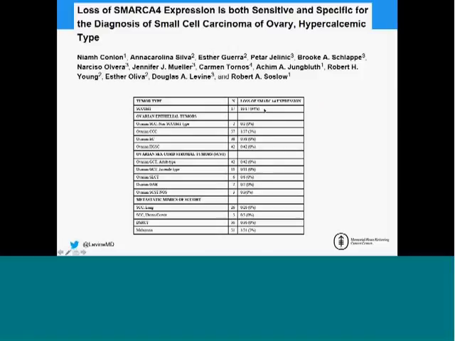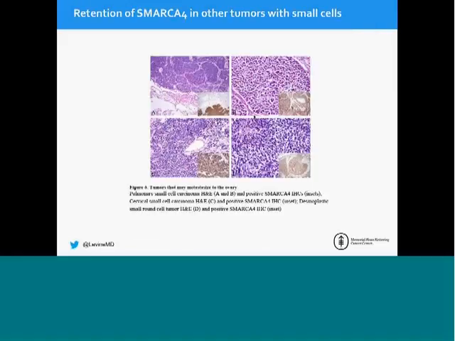Here also, we show loss of SMARCA4 in almost all of the small cell tumors up here, and then we look at a whole panoply of other tumor types, and only one ovarian clear cell tumor and one melanoma that affected the ovary did we also see loss of SMARCA4. And so when it comes to ovarian tumors, the loss of SMARCA2 or SMARCA4 is very specific for small cell carcinoma of the ovary, hypercalcemic type.